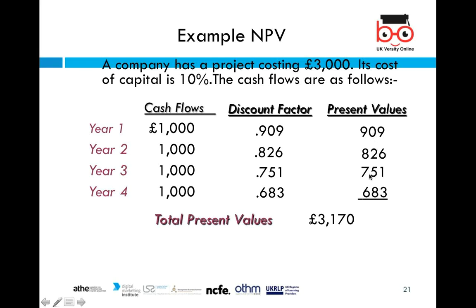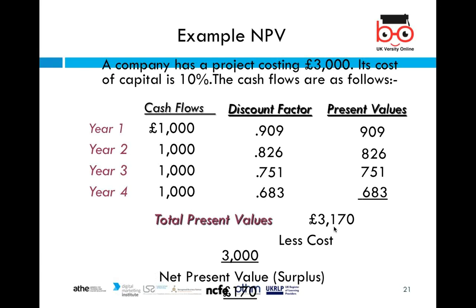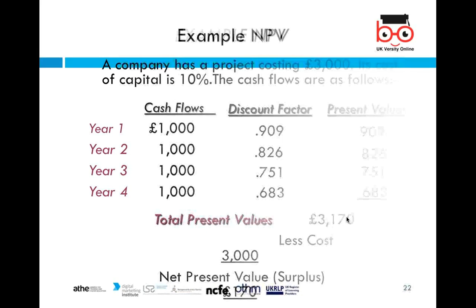Each year, at the end of the year, we are getting this amount of money for every 1,000 pounds, and the total present value is 3,170 pounds. Now, the net present value is actually a surplus of 170 pounds, because our project costs 3,000 pounds and 170 pounds is our surplus.